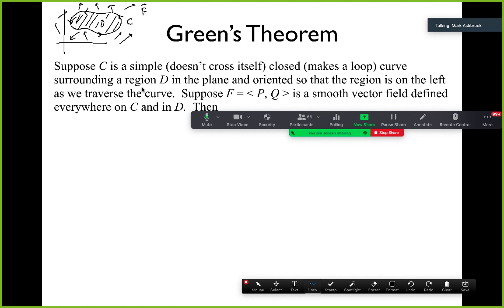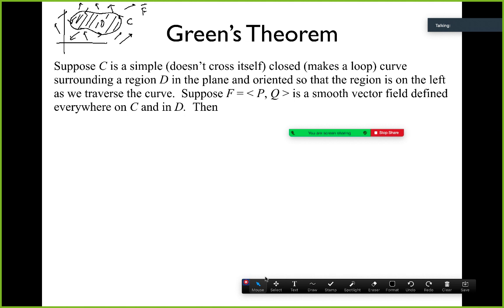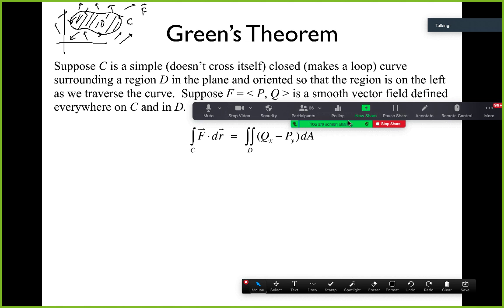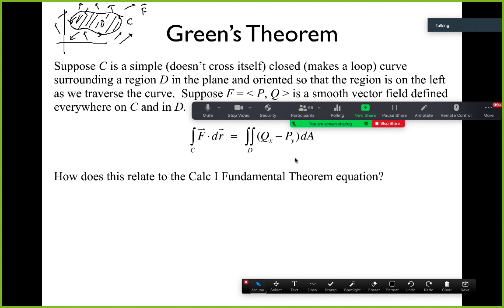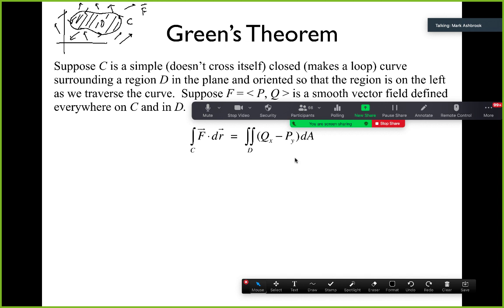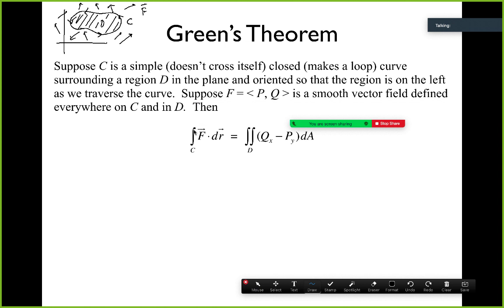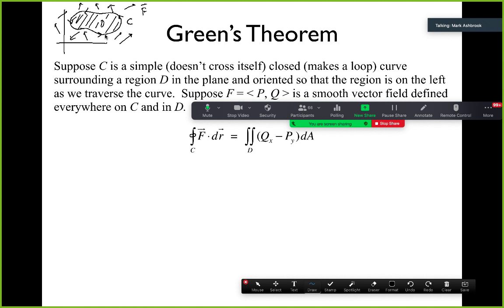Then here's the conclusion of Green's theorem. It says that the circulation, so we could say this is a circulation, integral around C is equal to the double integral over the region D of this function Q_x minus P_y dA.